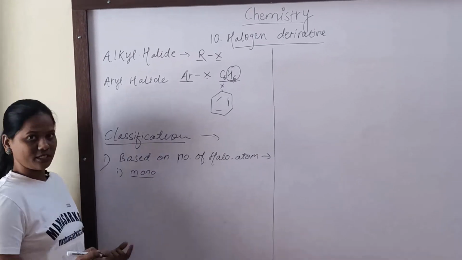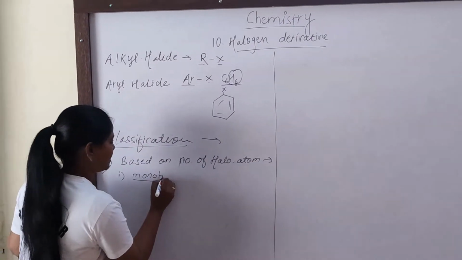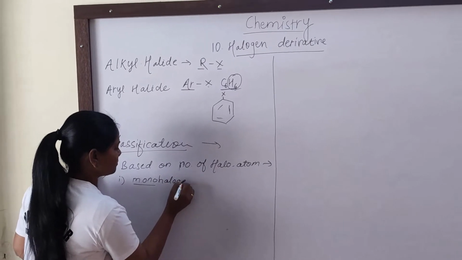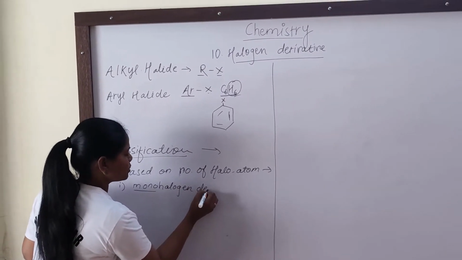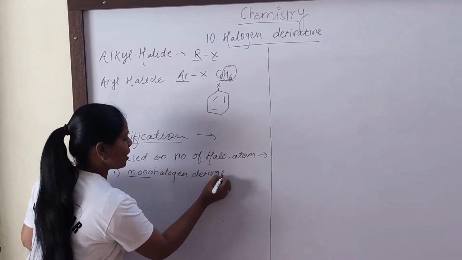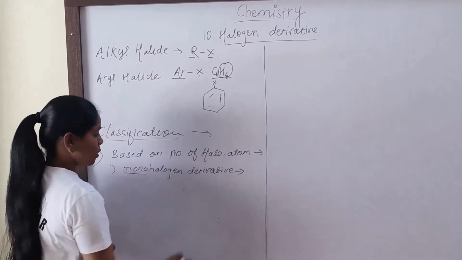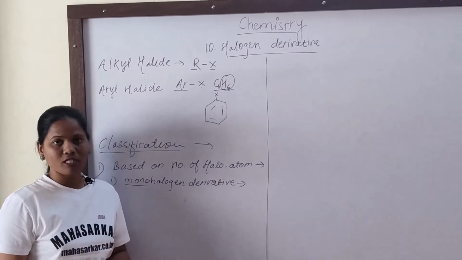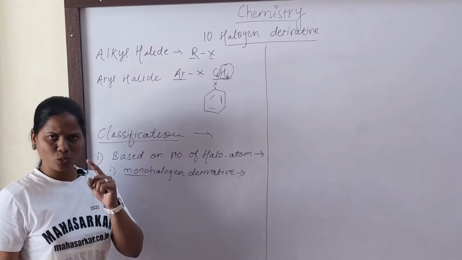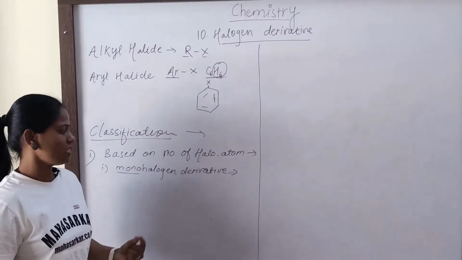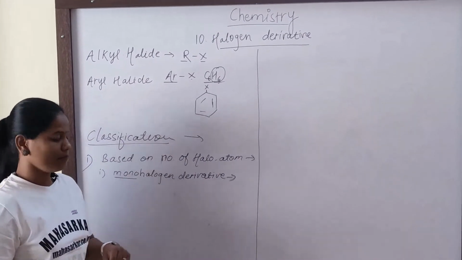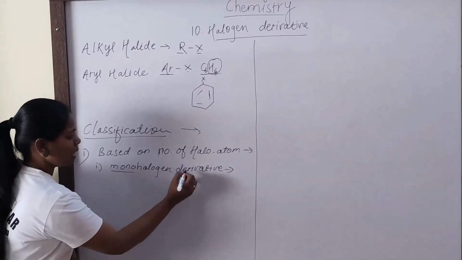Mono represents one halogen atom. So it is named as monohalogen derivative. When in a hydrocarbon, only one hydrogen atom is replaced by one halogen atom, that is known as the monohalogen derivative.